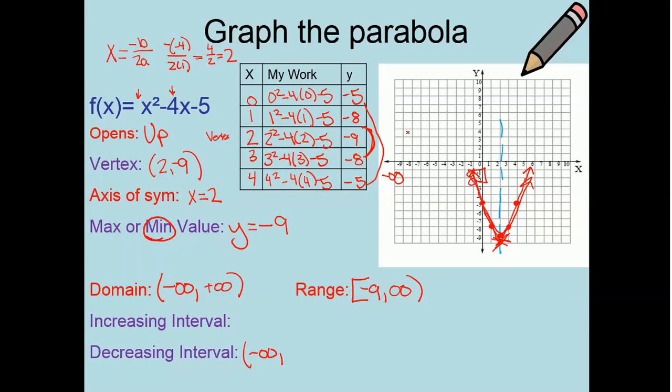So from starting over here all the way to that turnaround point, you're decreasing. So I'm stopping decreasing at 2. And then I start increasing at 2 and go forever.